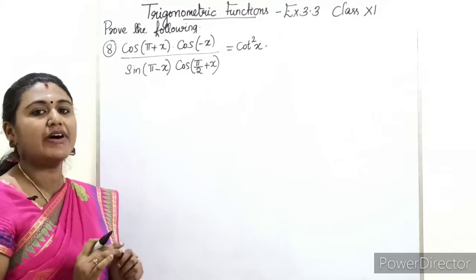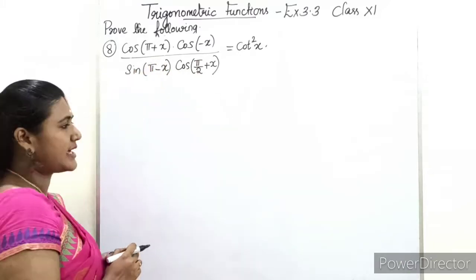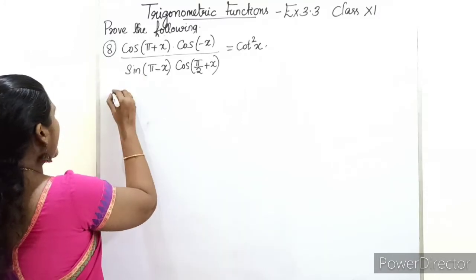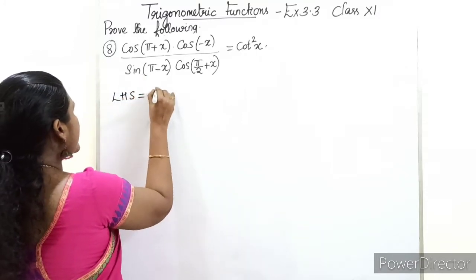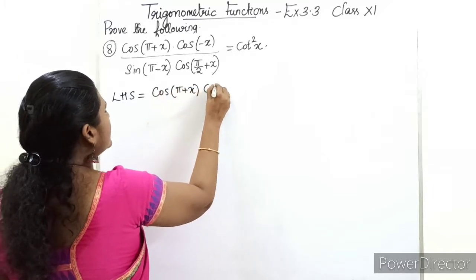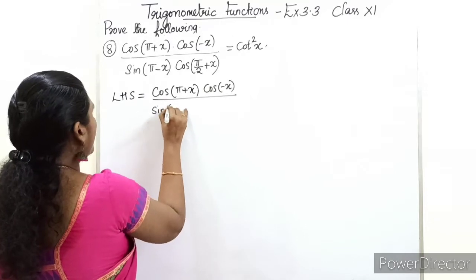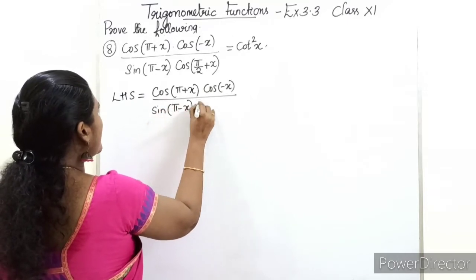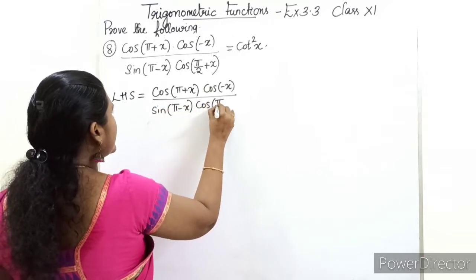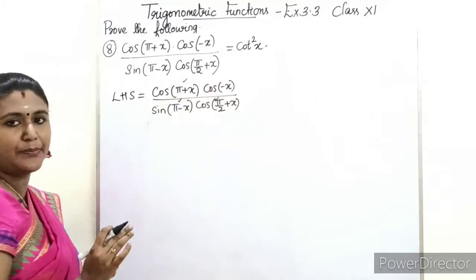So all these values we will find first, then we will substitute in the left side expression. Okay, so we will start with LHS. LHS is cos pi plus x into cos of minus x divided by sin pi minus x into cos pi by 2 plus x. Now we are going to simplify these three terms separately.